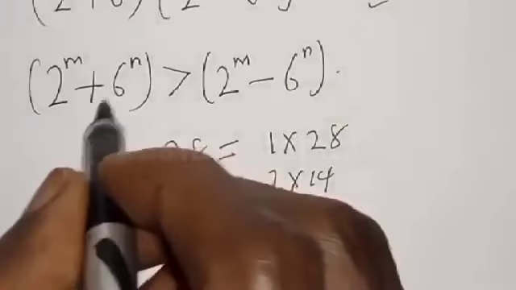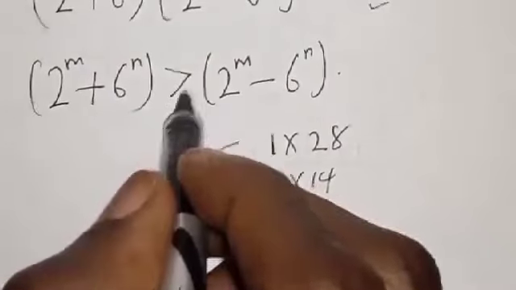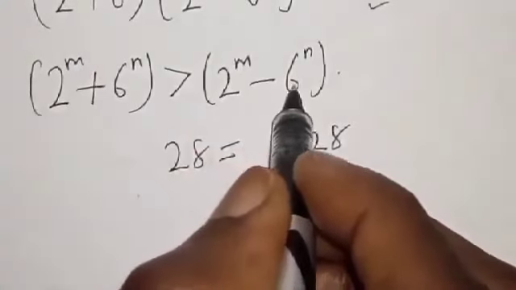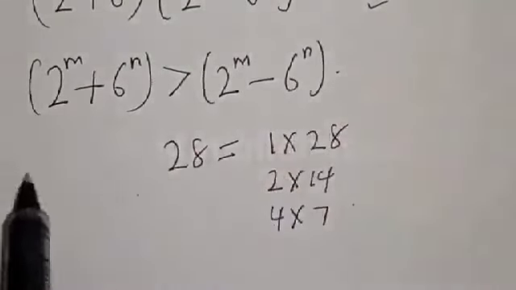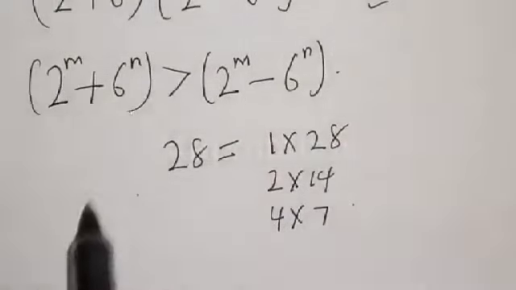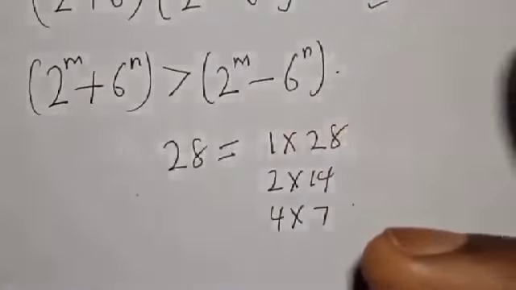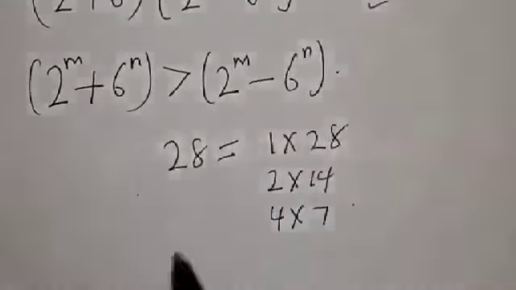Now from here, 2^m plus 6^n is greater than 2^m minus 6^n. It means that 2 raised to any positive integer plus 6 raised to any positive integer is even.